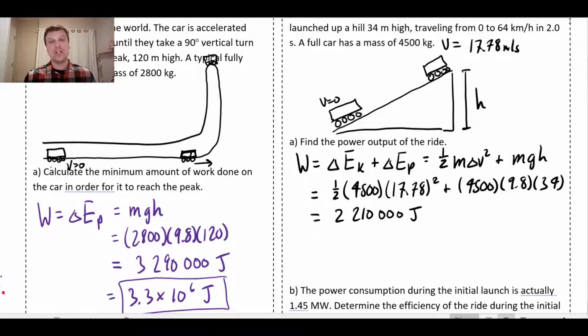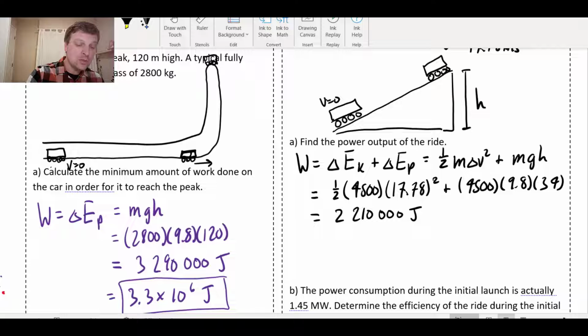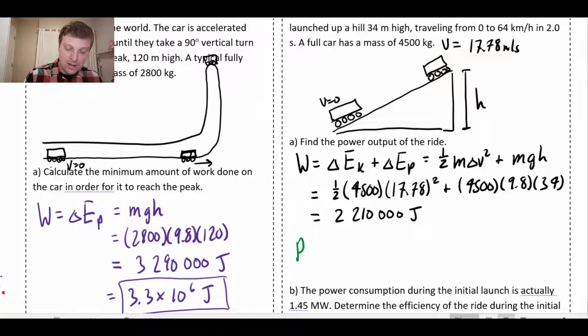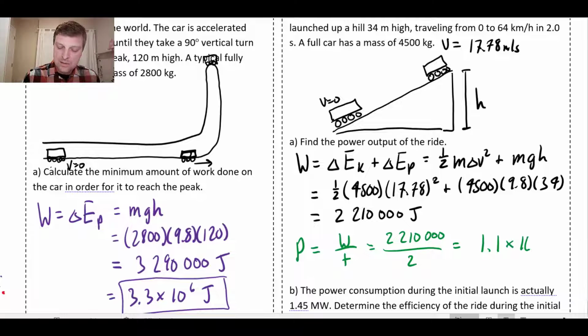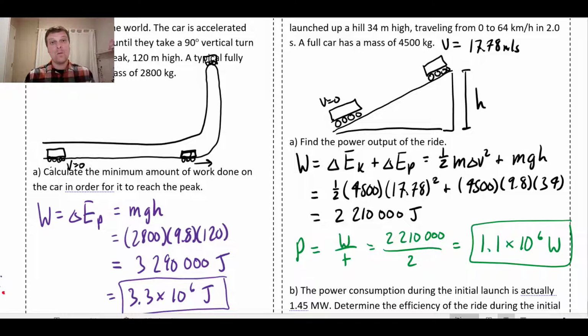It takes a lot of energy to launch this thing up the ramp. Now, since it was asking for power, I can just say power is work over time. So 2,210,000 divided by 2 is going to be right around 1.1 times 10 to the 6 watts, or 1.1 megawatts.